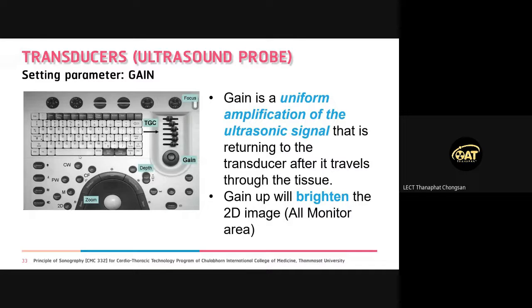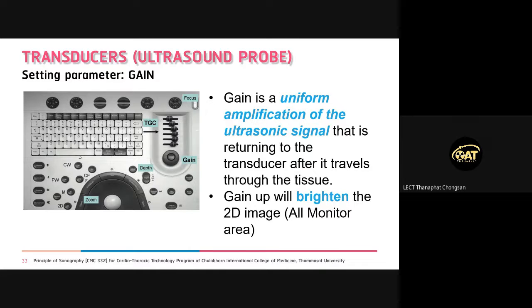Okay, next session is setting parameters of the ultrasound probe. Everyone can set the resolution or parameters of the ultrasound probe by multiple factors. First, we will learn how to adjust parameters that relate to image resolution.